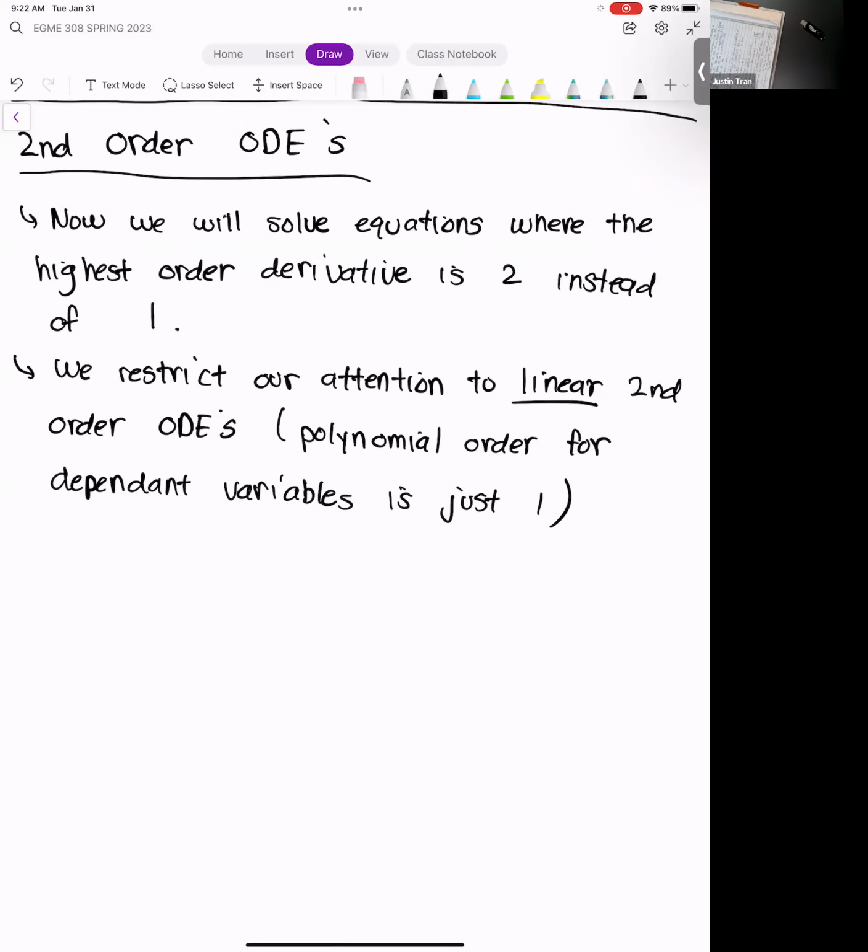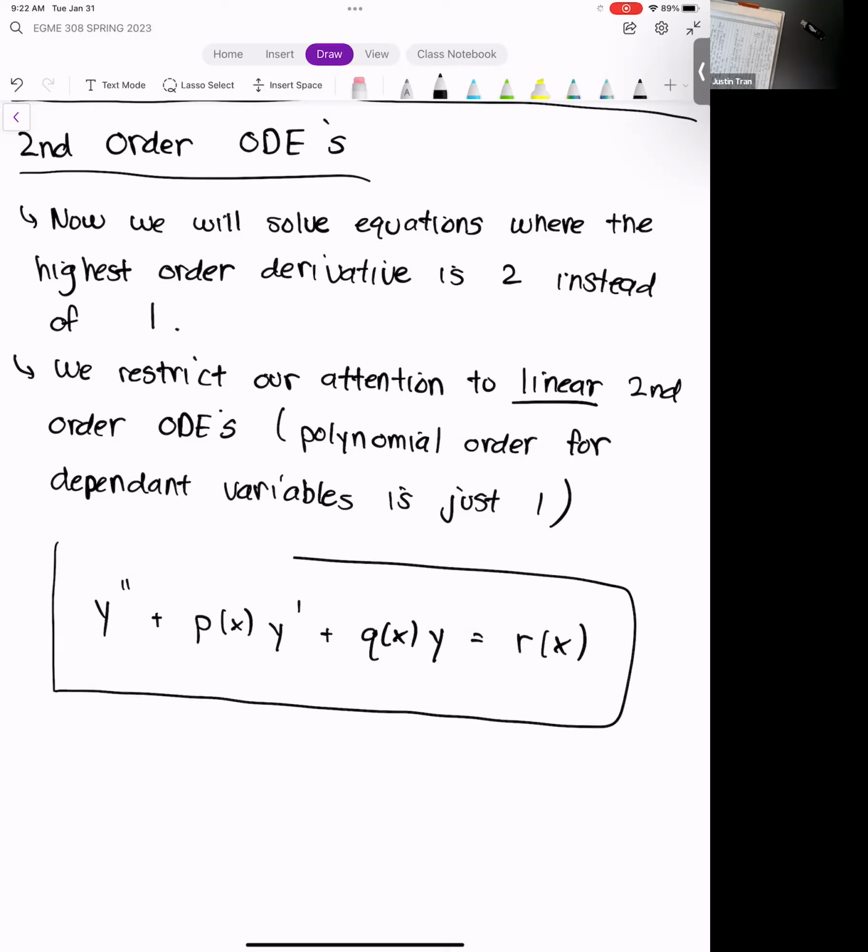All right, with that in mind, let's write out our general form for our second order differential equation. We have y double prime plus p of x, y prime plus q of x, y equal to r of x.